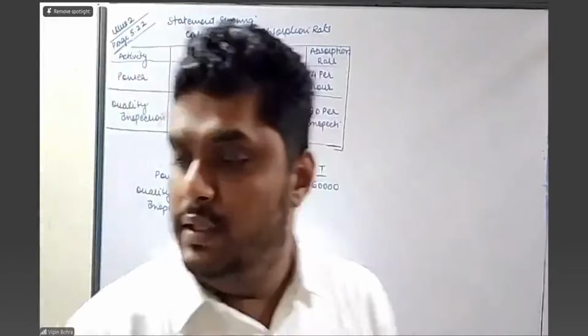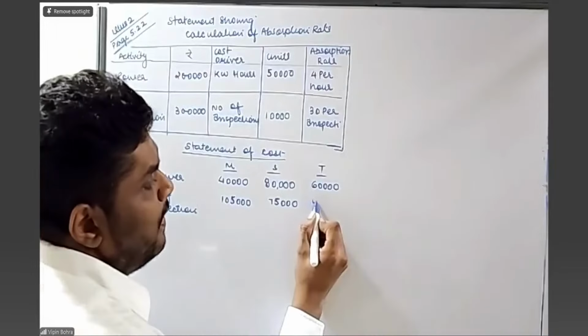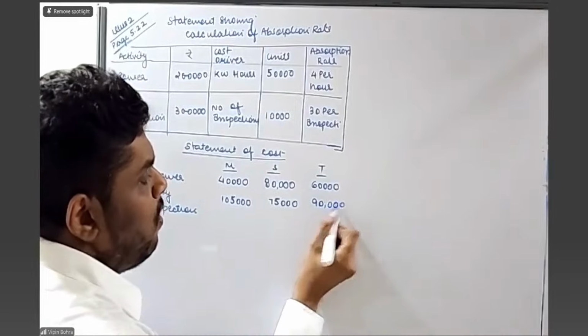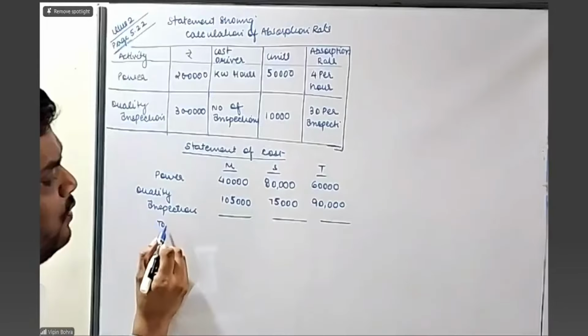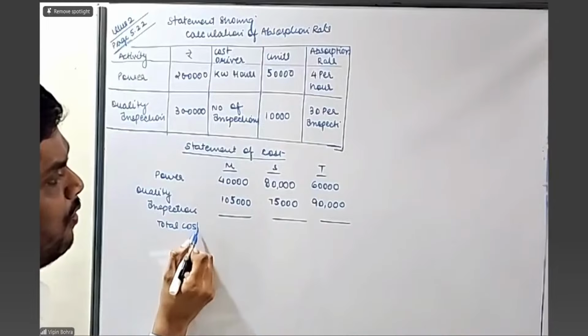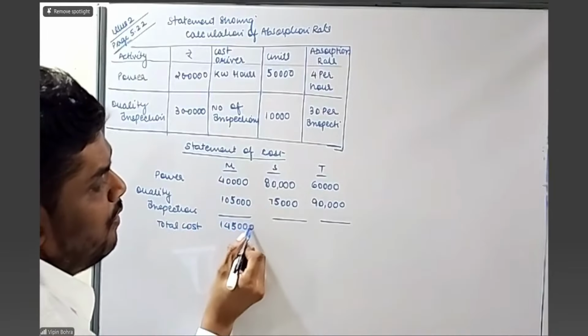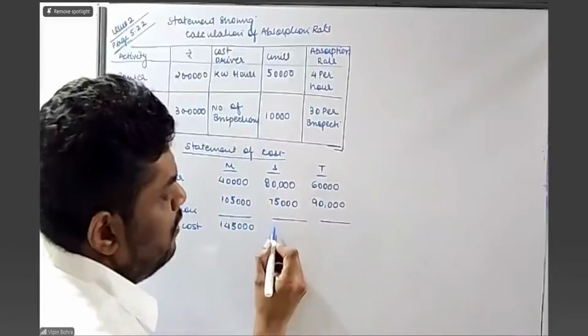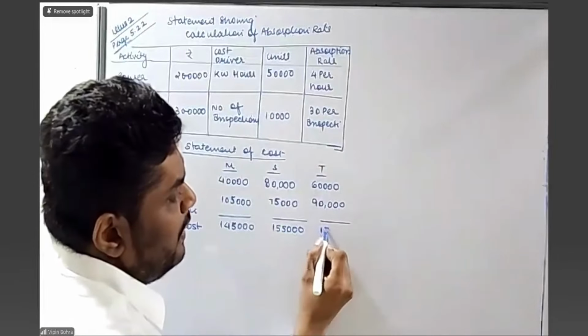And 3,000 into 30. So this is what will be my total cost. That is 1,45,000, 1,55,000 and 1,50,000.